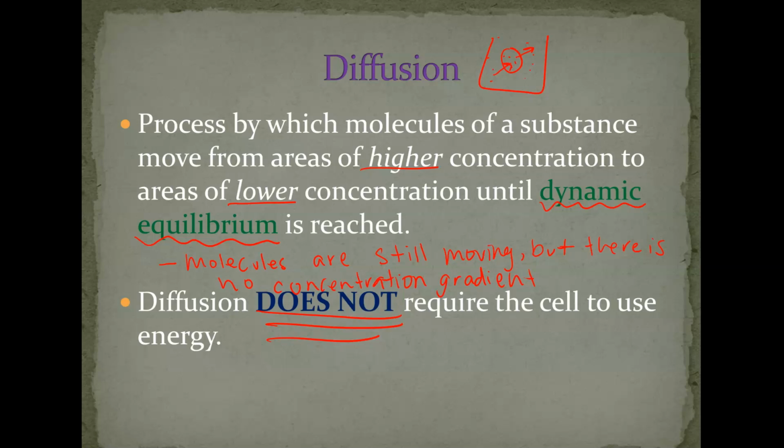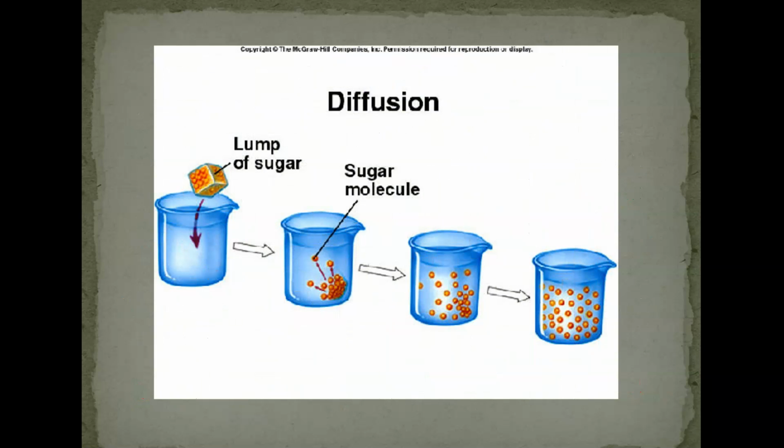One more thing I'm going to add to our definitions here is with diffusion, it moves through the cell membrane itself. So diffusion, we're going straight through that cell membrane.